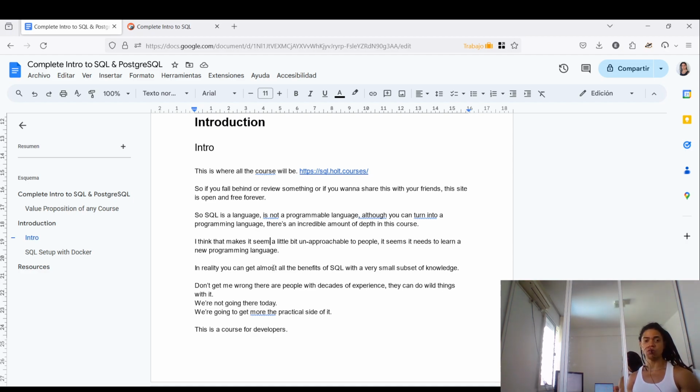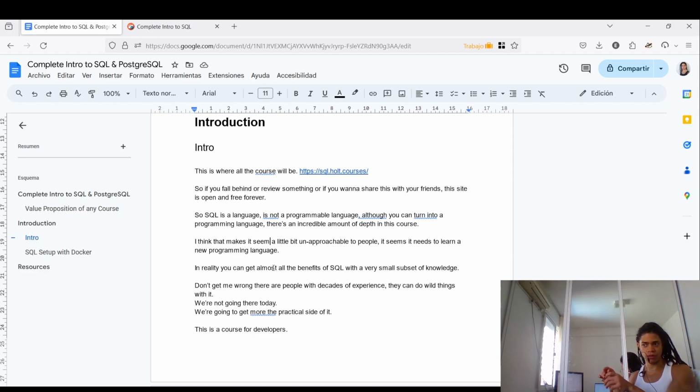So you don't need to learn a tool in depth from scratch, as a way to keep up the pace. We're going to take a look at why we choose Postgres. But the reality is that you can get almost all the benefit of SQL with a very small subset of knowledge. That's exactly what we want.